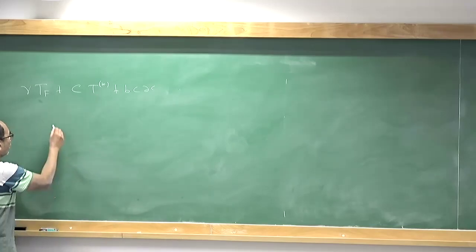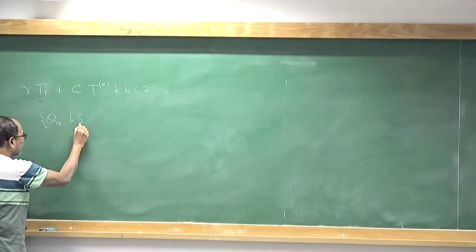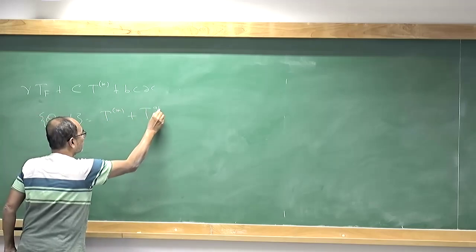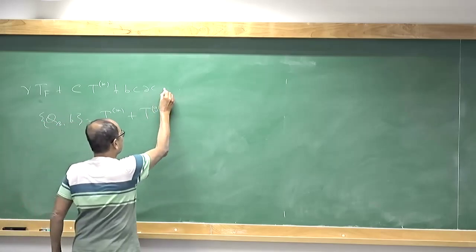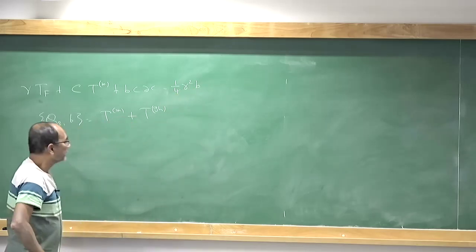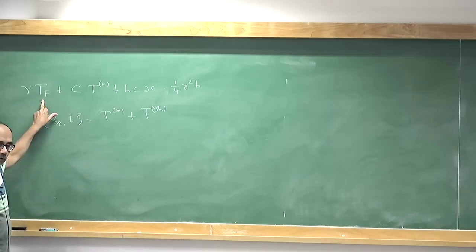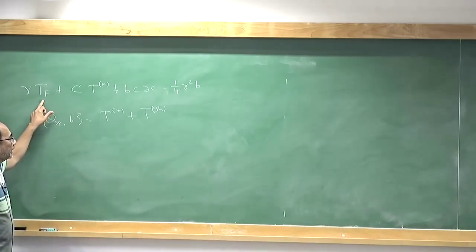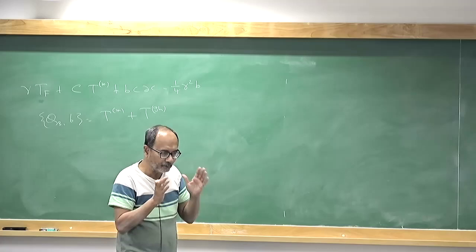Because if you remember, Q with B is characteristic: this is Tm plus T ghost. So this other term, minus 1/4 gamma squared B, is roughly the analog of gamma times the TF of the beta gamma ghost system.